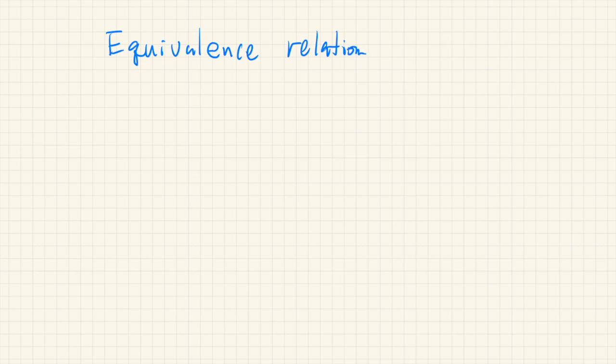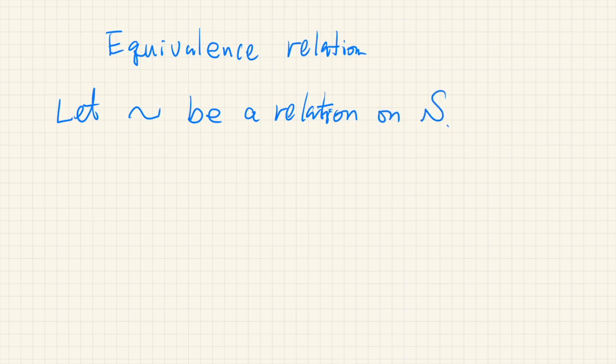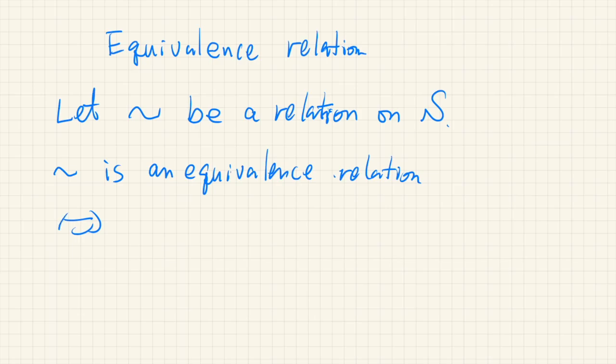Let tilde be a relation on a set S. Then we say this is an equivalence relation if the following conditions are satisfied. There are three conditions.